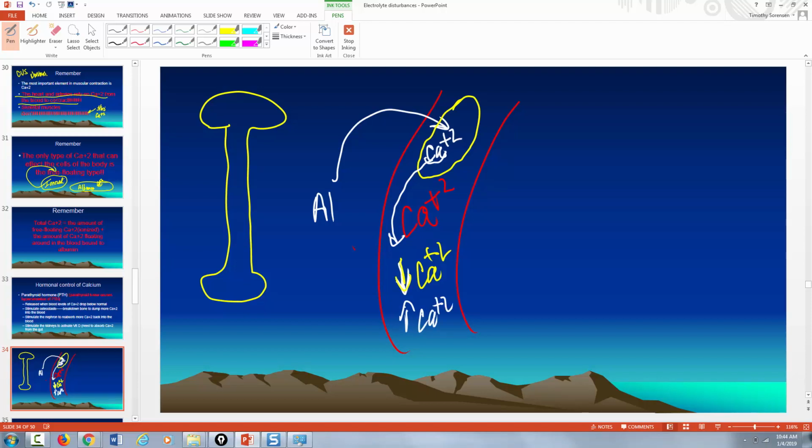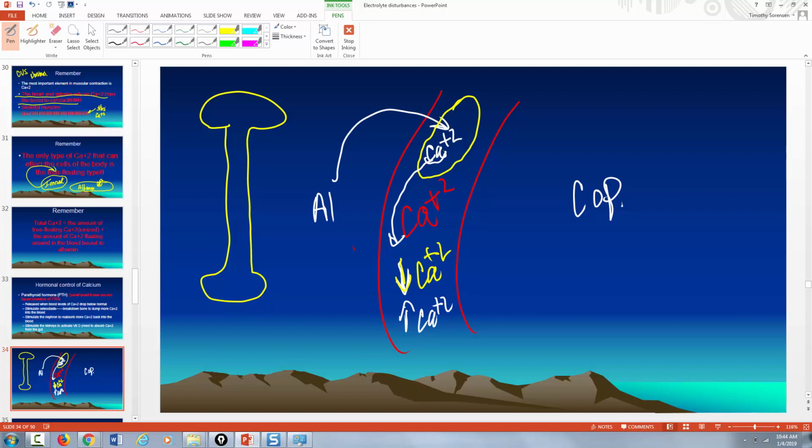And now albumin has less calcium, it will circulate to the bone, grab some more calcium to replenish itself. So one of the big functions of albumin, along with the capillary osmotic pressure we talked about, is to transport electrolytes around in the body.